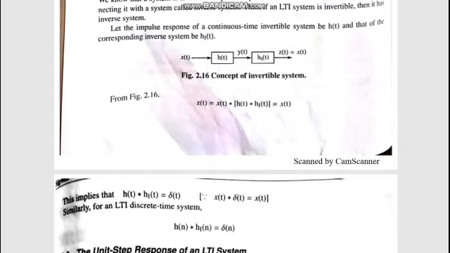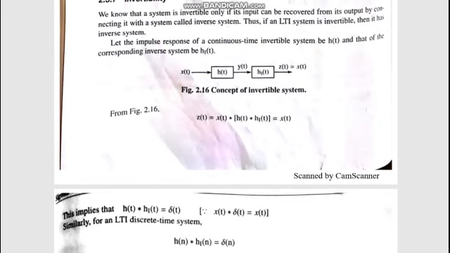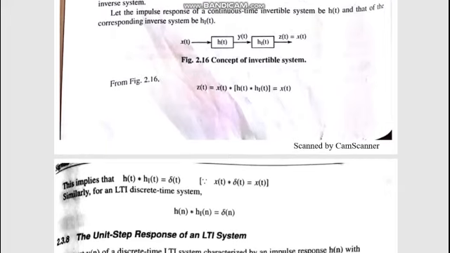Y of t acts as an input to h1 of t, which gives your z of t. The z of t should be equal to your x of t. So z of t is x of t convoluted with h of t and then convoluted with h1 of t, which gives you your x of t. Means the input can be recovered from the output, then the system is called invertible.